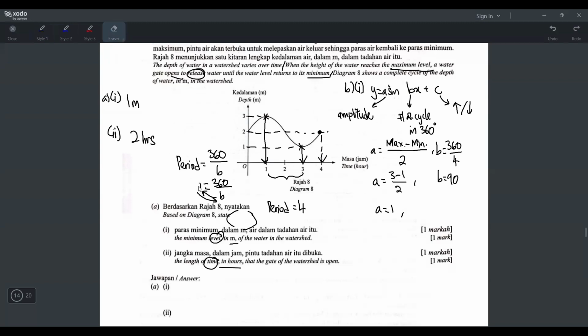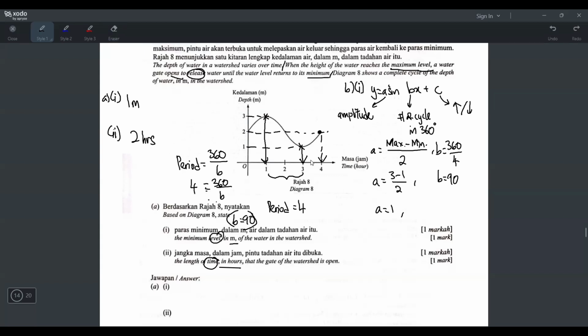This period should be 4, because the horizontal distance is 4. I swapped it. So this one should be B equals 90. It makes sense because when B is 90, it means there are 90 cycles in 360, so the period will be 360 divided by 90, which gives you 4. That's why one cycle finishes at 4.